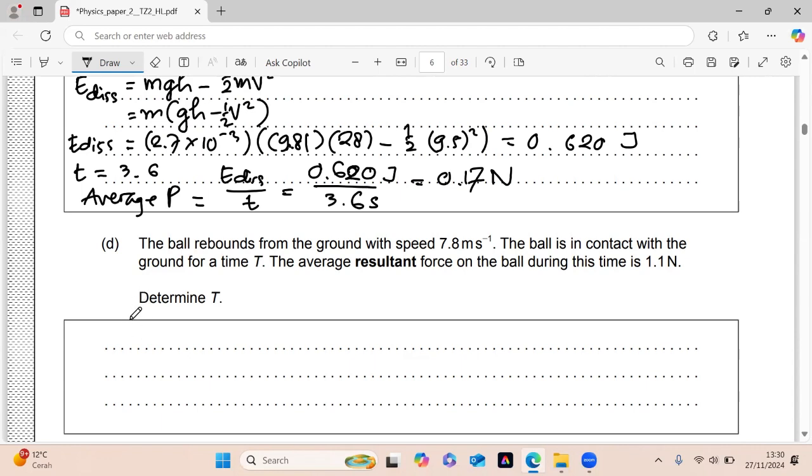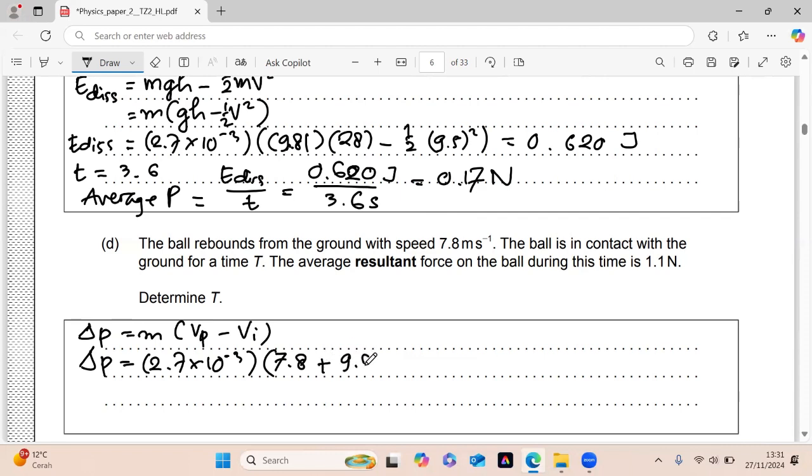Determine T. The change in momentum expression is delta P equals m times (Vf minus Vi). Okay, before and after. So delta P equals m, which is 2.7 times 10 power minus 3, times 7.8, this one with the speed, and then minus 9.5.